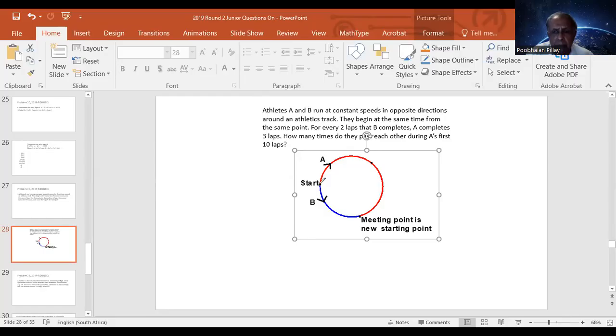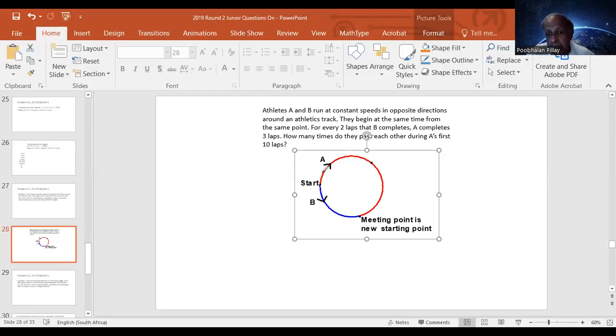It doesn't really matter, but it makes it easier like this. So they start. Now remember, they travel in opposite directions. So A goes off on the red part and B goes off on the blue part. Let's find out where they meet.